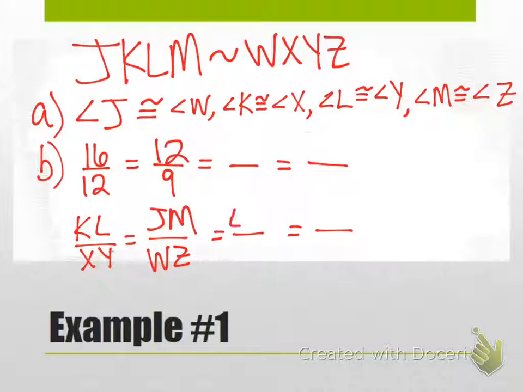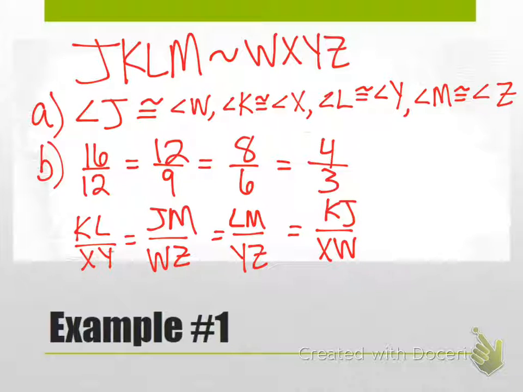LM has a length of 8, and we would compare that to YZ, which has a length of 6. And finally, we've got KJ, which has a length of 4, compared to XW, which has a length of 3.